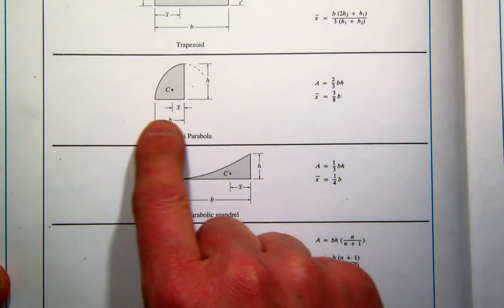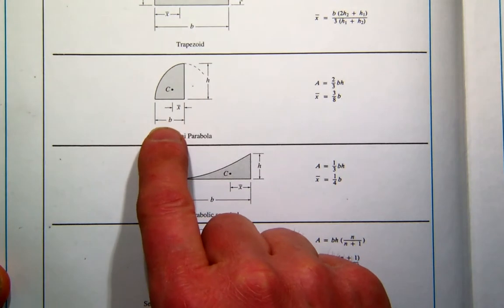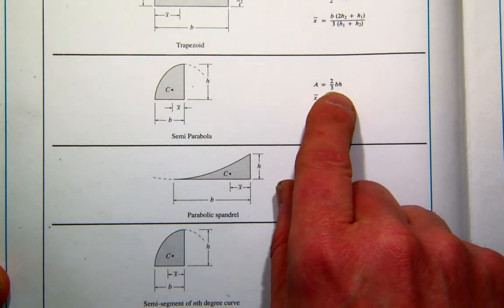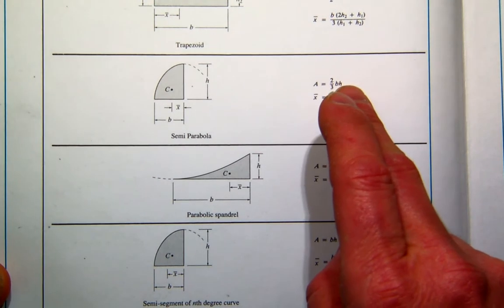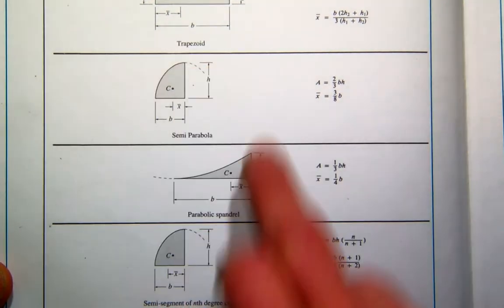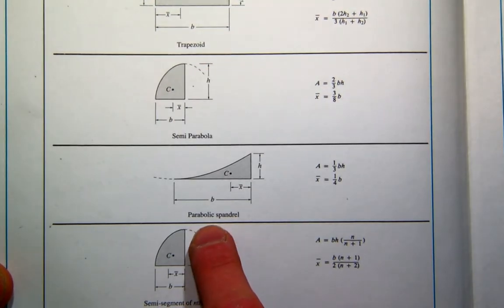This is the one we're looking at. 2/3 base times height.